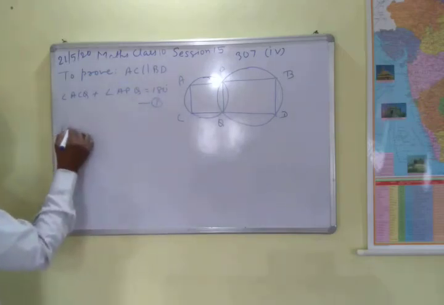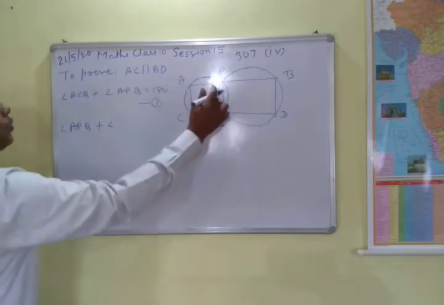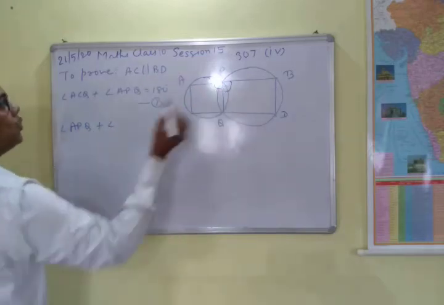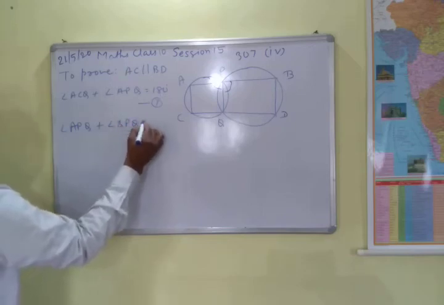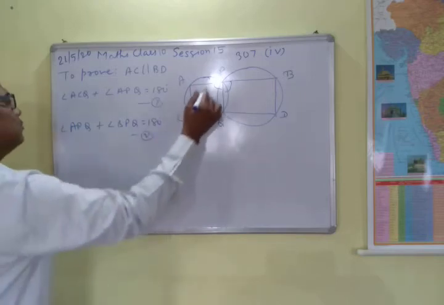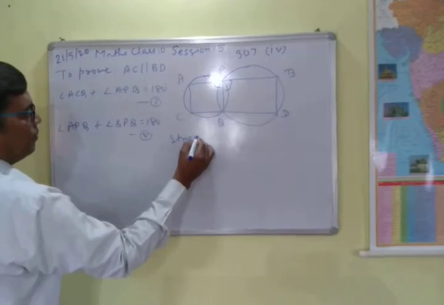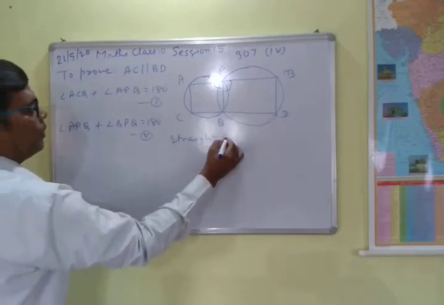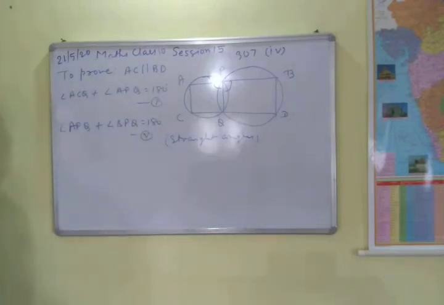Next, angle APQ plus angle BPQ, that is this angle plus this angle, is again 180 degrees, because these are straight angles, or they are also called linear pair angles.